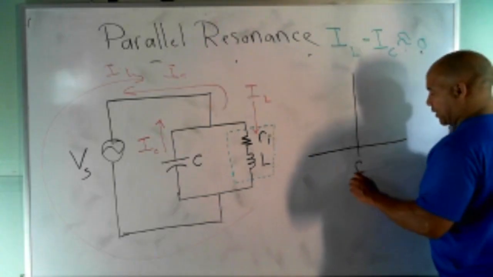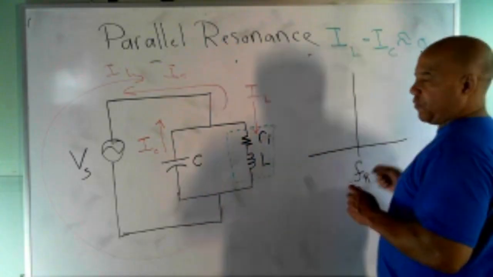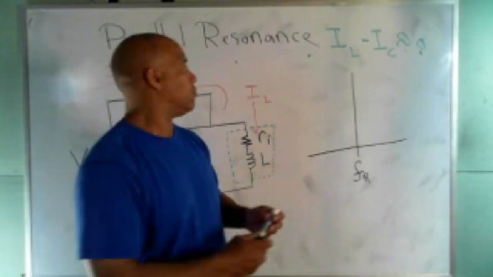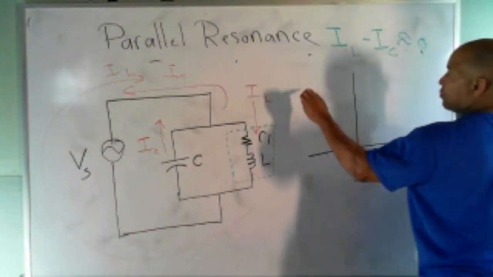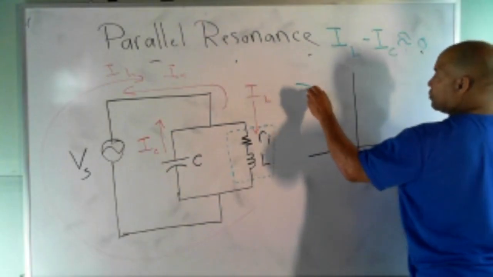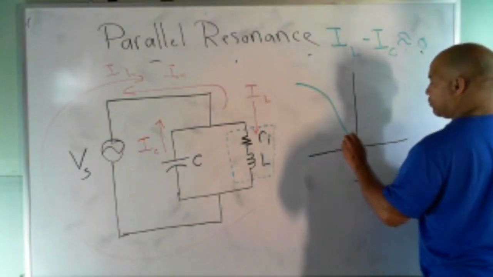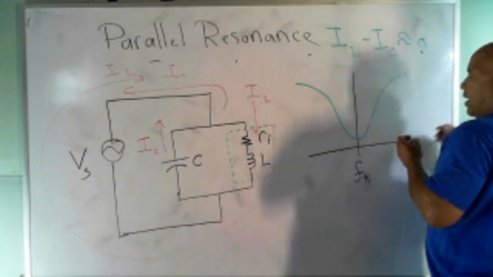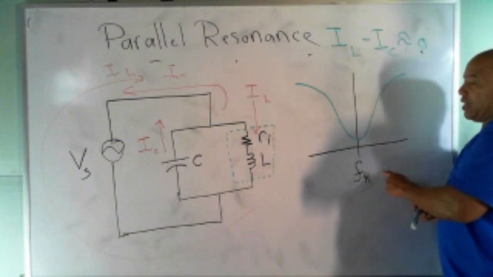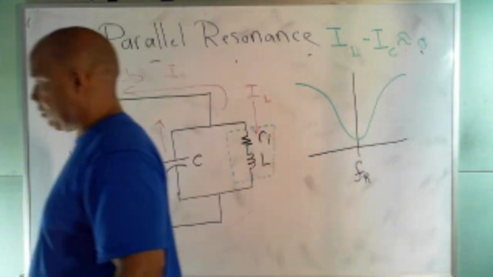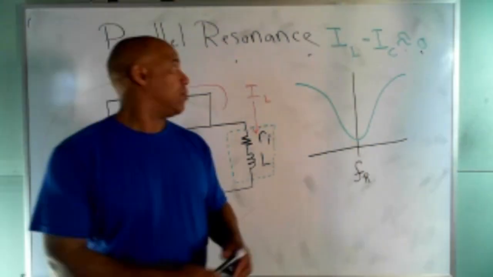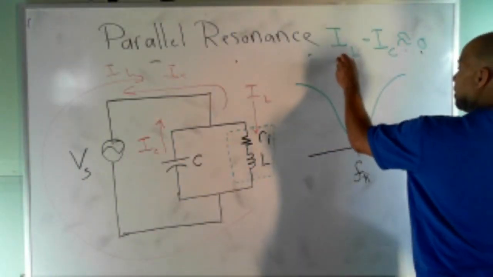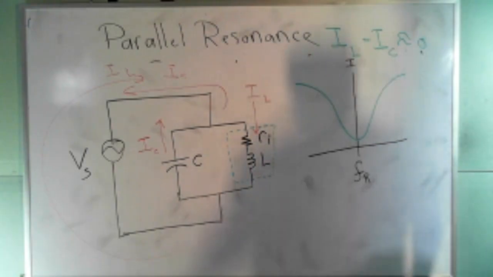This is my center frequency, my resonant frequency. The curve will look like this. And this is frequency versus current. So it looks like an inverted bell curve.